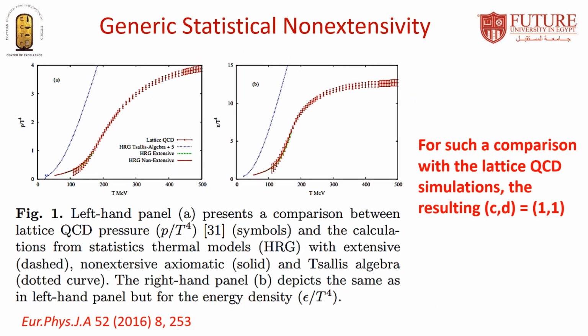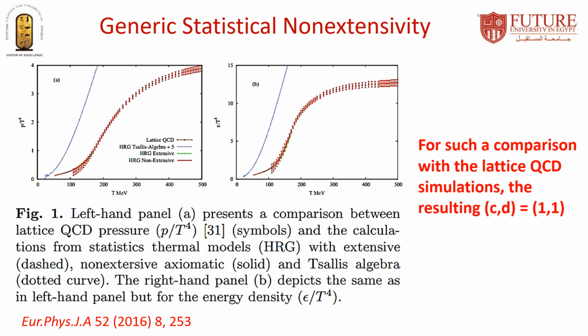Just to show you the power, or the importance, of the generic non-extensive, I have compared this with the lattice QCD. As I said, lattice QCD assumes an overall equilibrium. It means we have just Boltzmann, just the traditional equation of state, the exponential one.